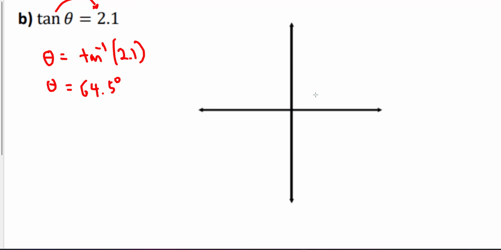So you're getting almost half marks there. And we know that this value here is 64.5 degrees. We know that tan is positive in this quadrant, which makes sense because everything is positive in this quadrant.